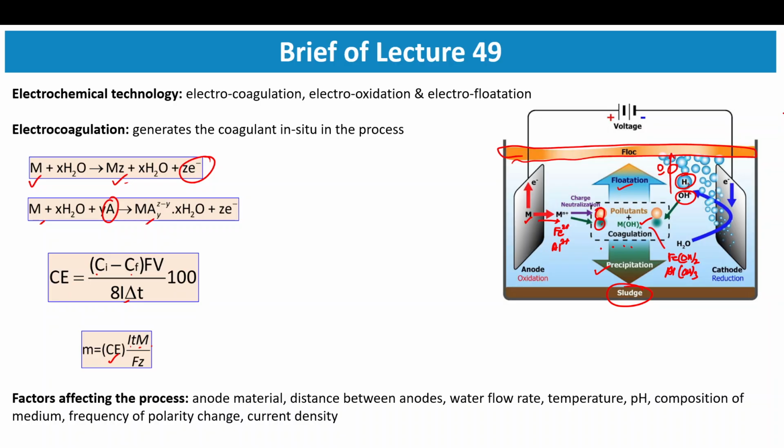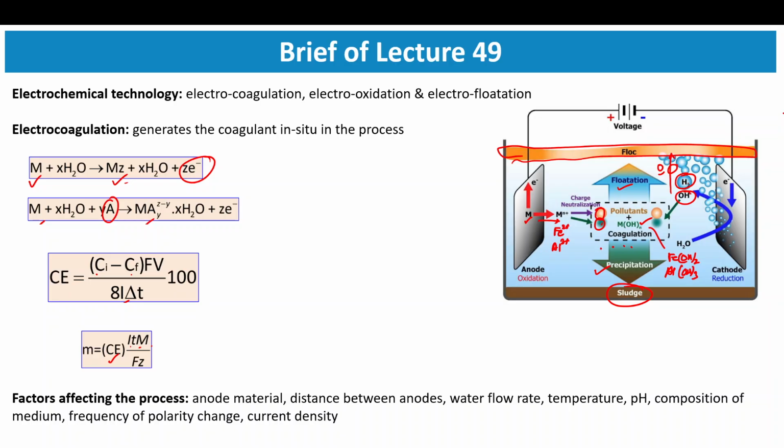Basically, this electrochemical process is applied for three types of process: coagulation, oxidation, and flotation, depending on what anode and cathode you are using, what type of wastewater you have, what conditions you have maintained, or extra reagents if required, you have provided.